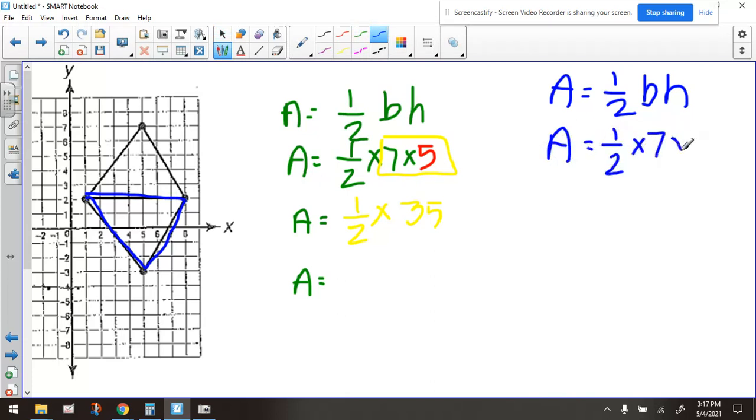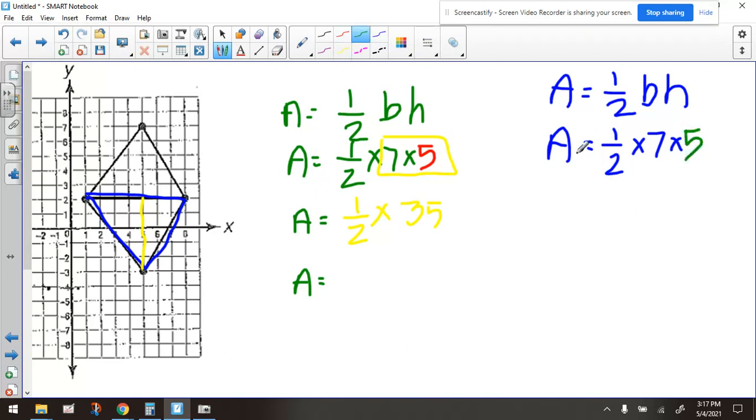But how tall is it? You have to figure out how many units it is from there all the way to the opposite vertex. So if we count 1, 2, 3, 4, 5. So that pretty much is a mirror image of the one on top of it, the green one. Same mirror image. So let's substitute that number in.